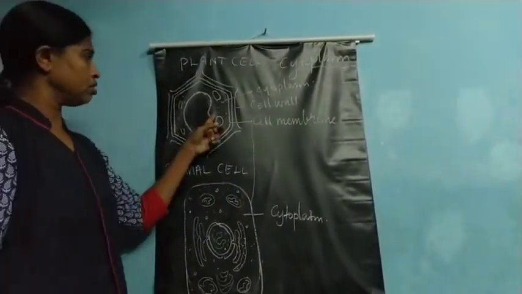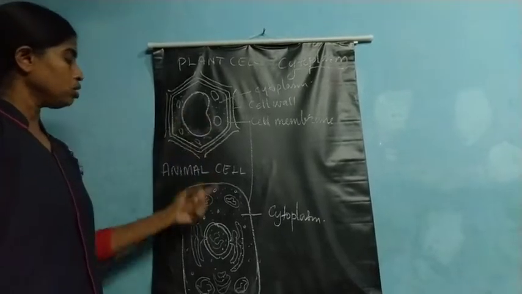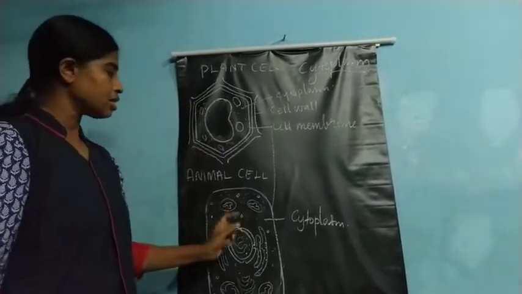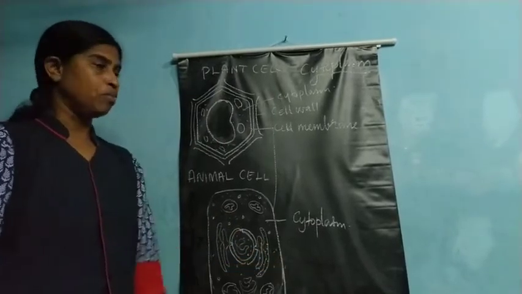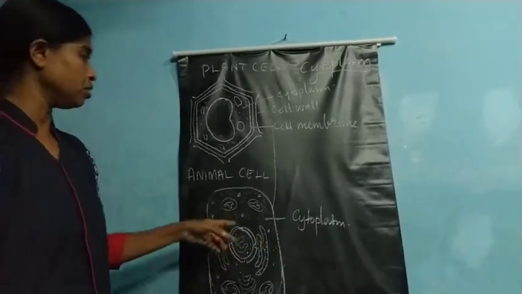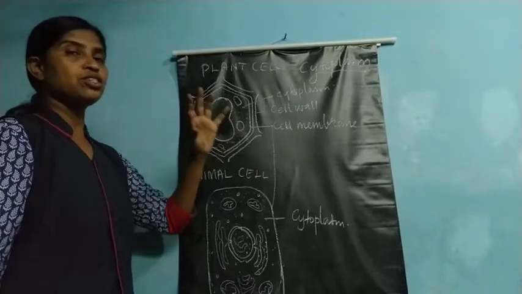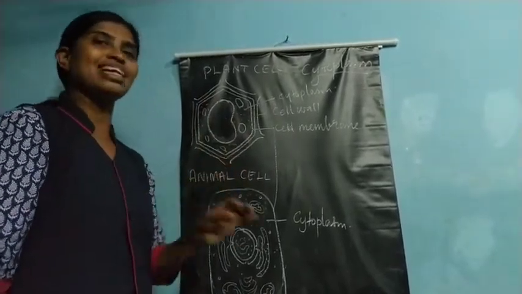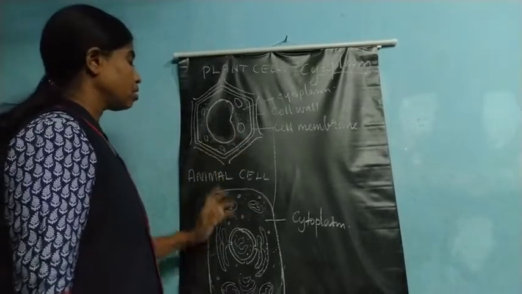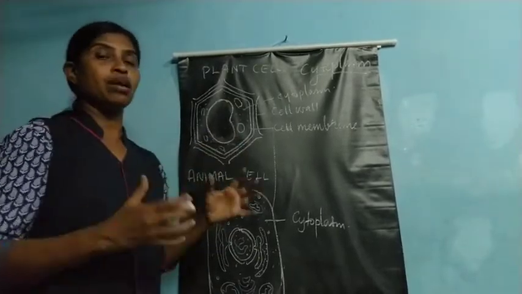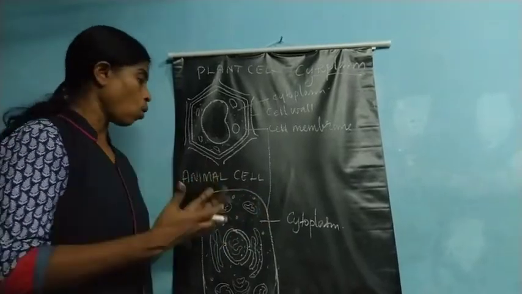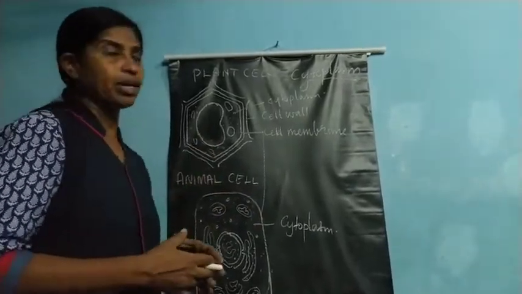Into the cytoplasm only all the organelles are placed. Understand? Organelles are suspended in the cytoplasm. Now, the nature of cytoplasm: actually, the cytoplasm is a semi-solid or jelly-like structure. The major function of the cytoplasm is to hold the organelles inside, right?